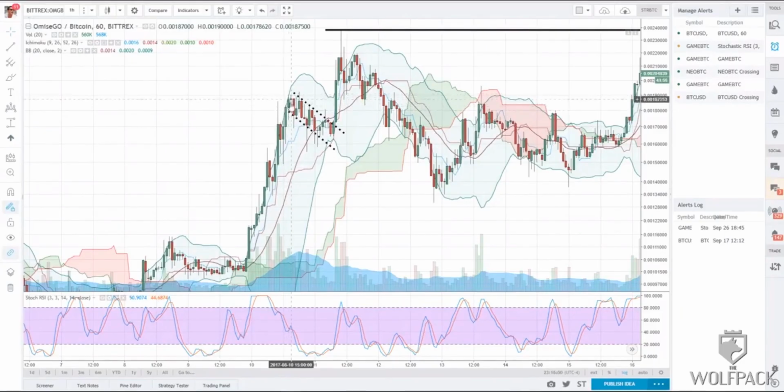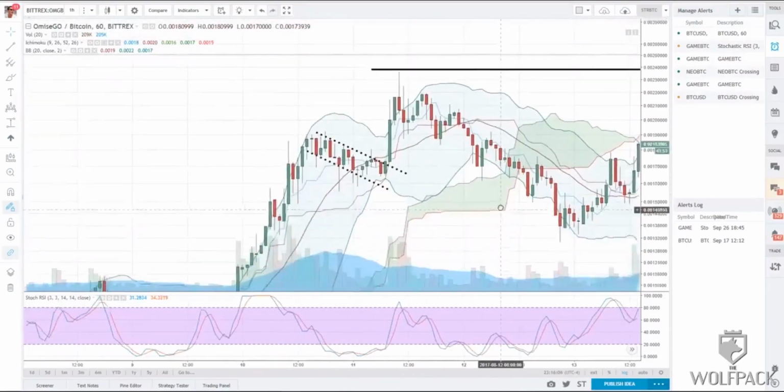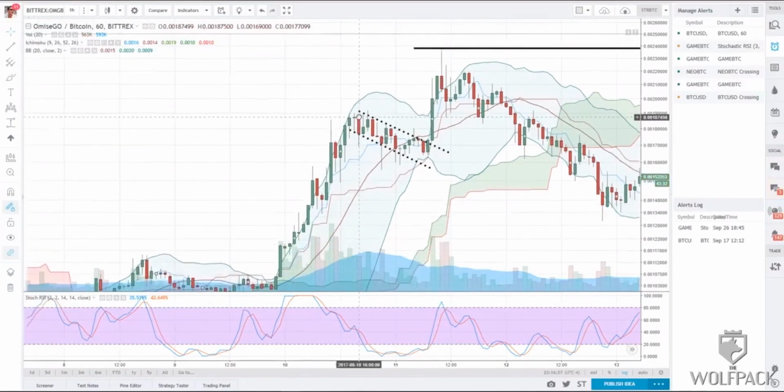I'll go over how to read the candles more in depth in a more advanced lecture, but this is a hammer right here. You see that tiny little green candle, and then the wicks in between. That's a reversal candlestick. So it starts to slow down. You can see that it starts to curve and hit a ceiling. And then once you see that candle close, that's your cue to sell.